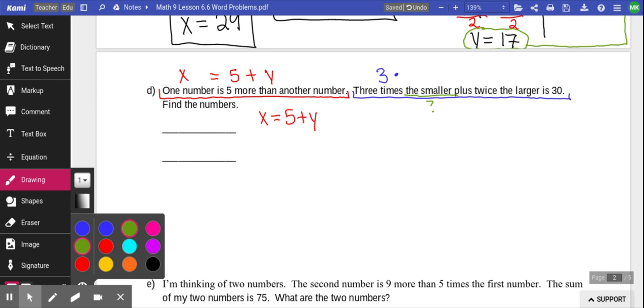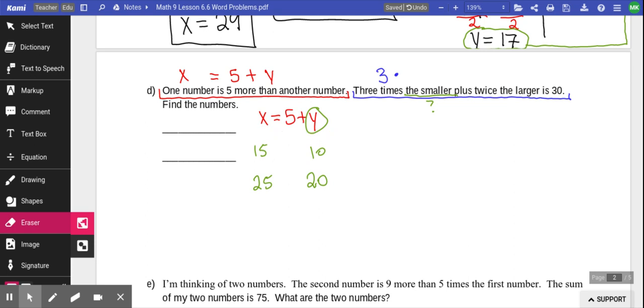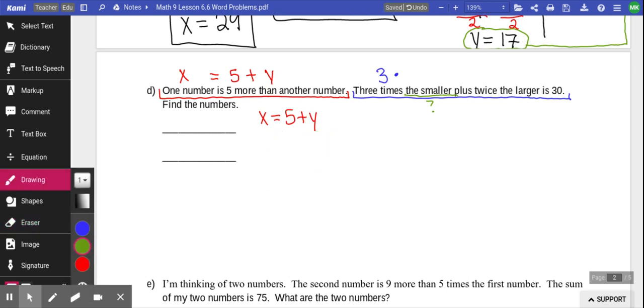If y was equal to, say, 10, then x would be 5 more, so x would be 15. If y was 20, x would be 25. So the smaller number is always going to be y.